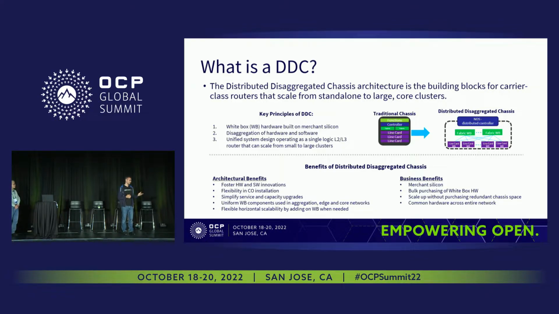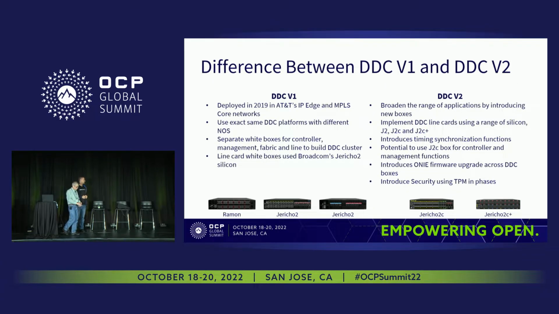We have lots of CPU as resources, and we have a hypervisor that orchestrates all of this and enables all of this available hardware to whatever type of application that we have. This is DDC. So we're going to look into DDC, what is V1, V2. Kai is going to take you through what's upcoming as part of DDC V2.